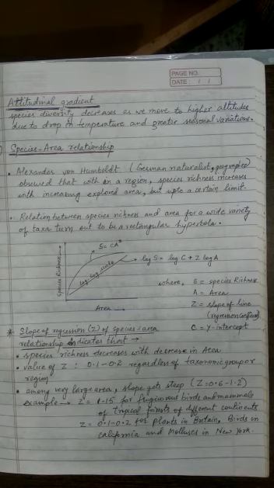So species diversity decreases as we move to higher altitudes due to drop in temperature and greater seasonal variation. Variations are again more as you go high into the mountains. Because of these seasonal and temperature variations, there will be fewer species in the higher altitudes and more species towards the lower altitude.